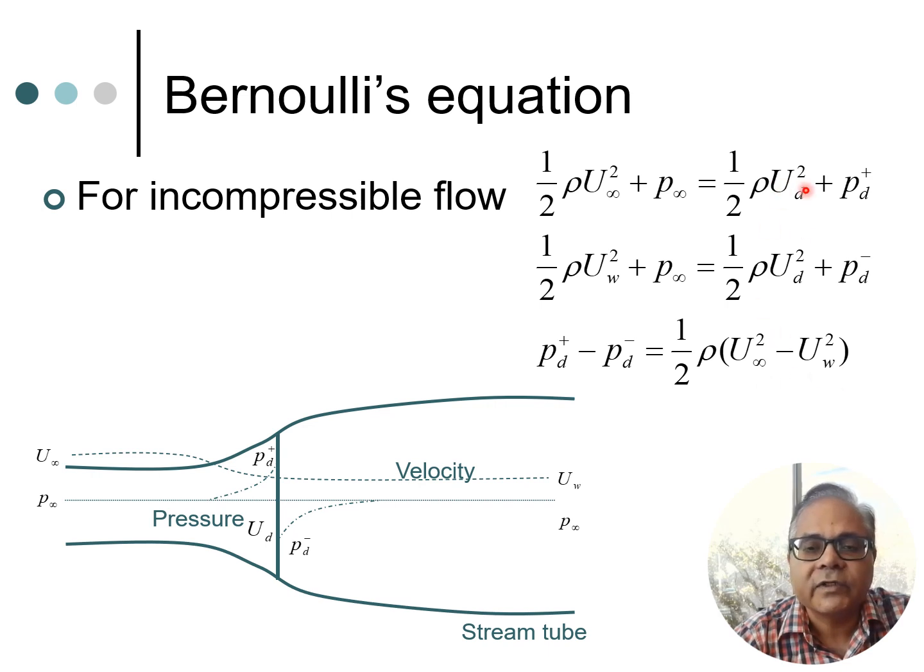When we subtract these two equations, the rho ud squared terms cancel out, so I get pd plus minus pd minus on one side, and the p infinity terms cancel out, so I simply get half rho u infinity square minus uw square. So I get a nice equation which relates this pressure drop to the difference in velocities between far in front of the rotor disc and far downstream of the rotor disc.